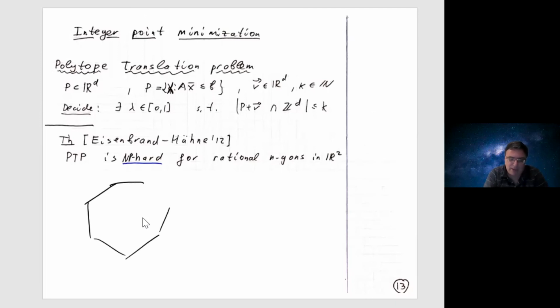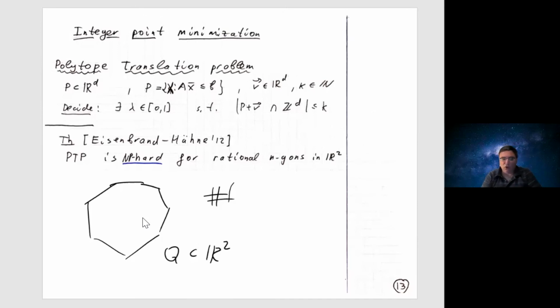What they're saying is that if you have an n-gon Q, you're trying to translate a grid, and somehow, even for a polygon, you don't know how to minimize the number of integer points. It's kind of counterintuitive. You see what I mean?